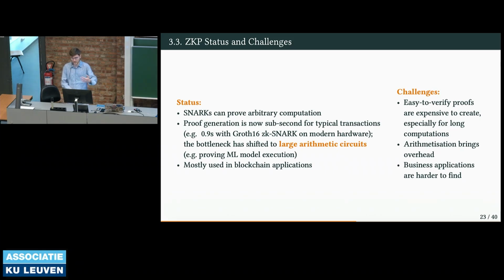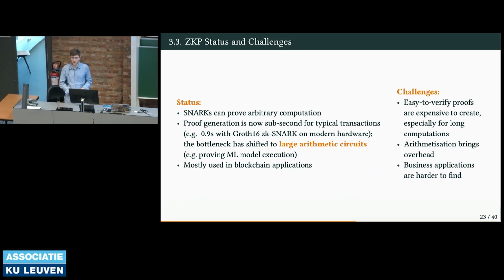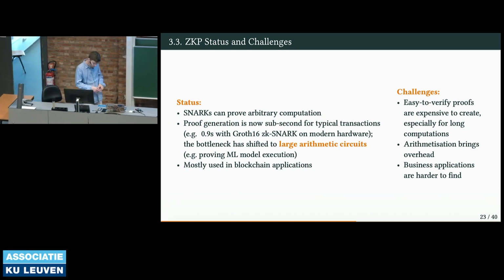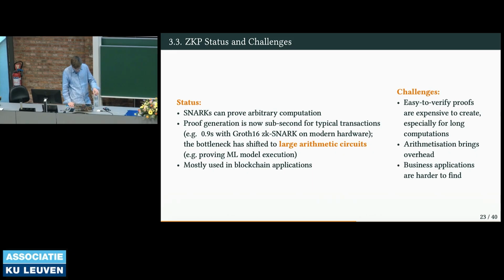So you haven't had to give them your data, and they'll only know that you live within a certain area or that you are above a certain age, and they'll learn nothing else about you. So it's slowly showing up in these areas, but commercialization is still a bit difficult.